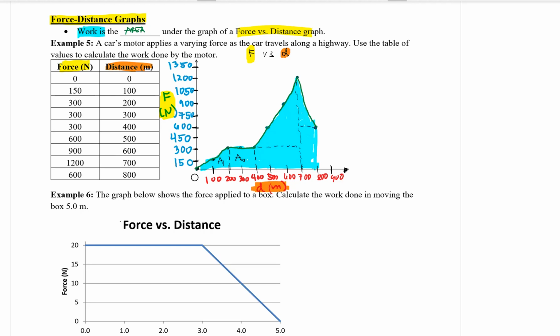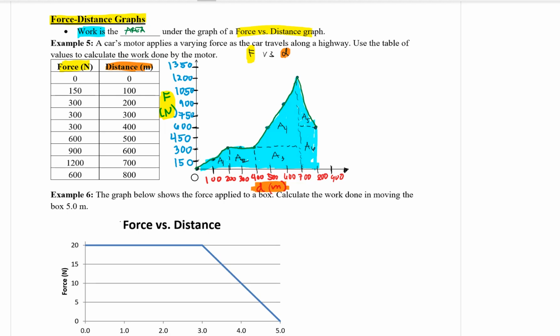So this is area 2, this is area 3, this could be my area 4, this could be my area 5, right? And then this is my area 6.